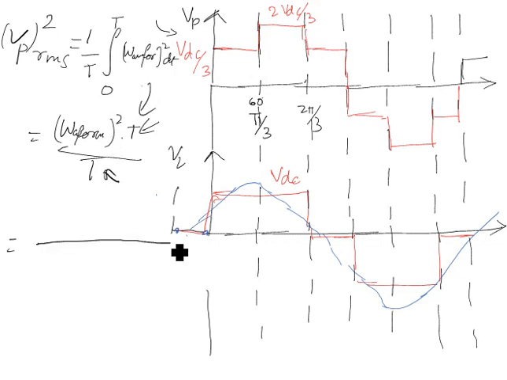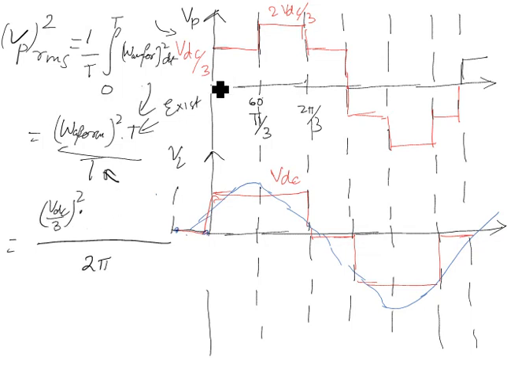So total time is 2 pi, and the existing cycle, what waveform is existing, this is existing. So I can write the waveform. This waveform exists for pi by 3. Okay, so VDC upon 3 square, and how much time does it exist?